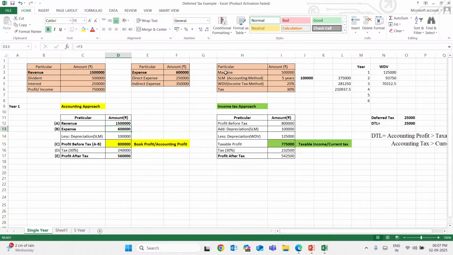According to the company's approach, we also deduct the depreciation of 1 lakh. So the profit before tax here is 8 lakhs, which is our book profit or accounting profit. On this we calculate the tax at 30%, which comes to 2,40,000, and deducting it from the 8 lakhs gives us the profit after tax of 5,60,000.